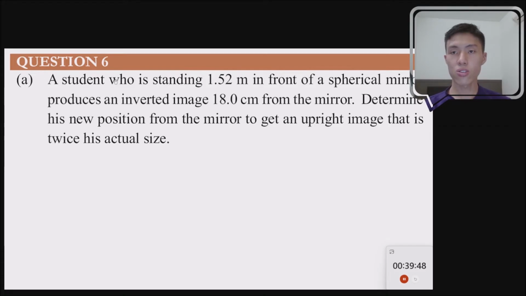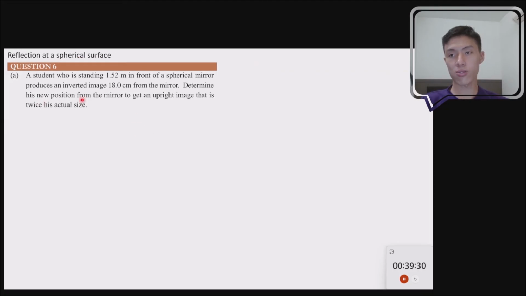Question 6. A student who is standing 1.52 meter in front of a spherical mirror produces a real inverted image 18 cm from the mirror. It asks you to determine his new position from the mirror to get an upright image that is twice the size. So there's an initial situation, there's a final situation, because they ask for the new position from the mirror. So let's talk about the initial situation.